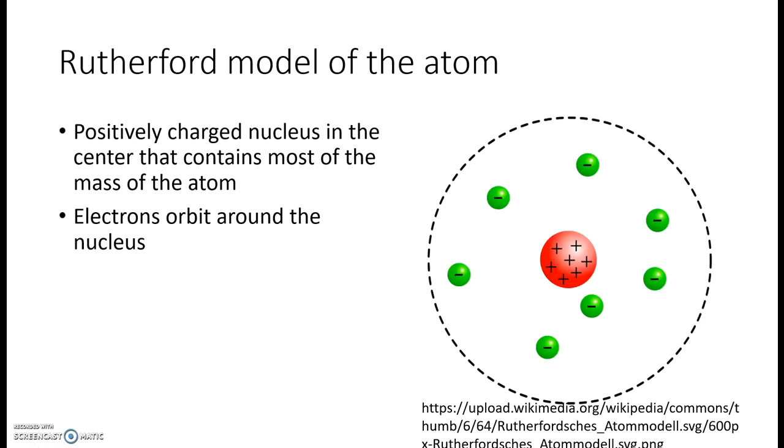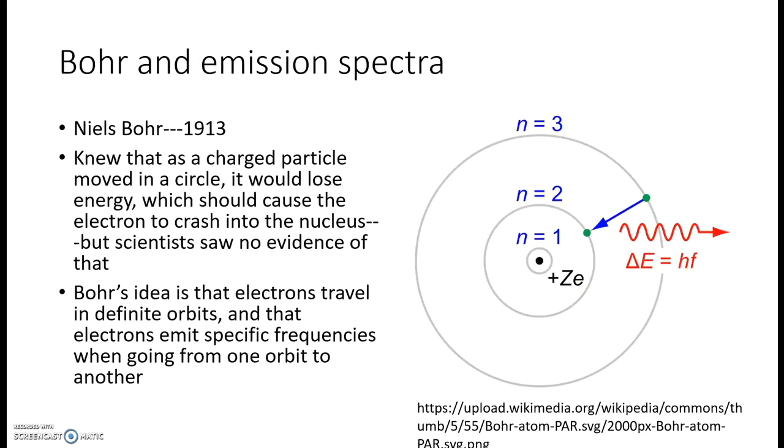And that positively charged nucleus is why there were those deflections in seeing those results. There are electrons and they orbit around the nucleus, but there's no defined path. And that's important because we're going to go into our next experiments.